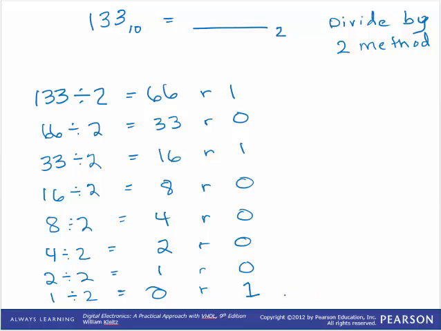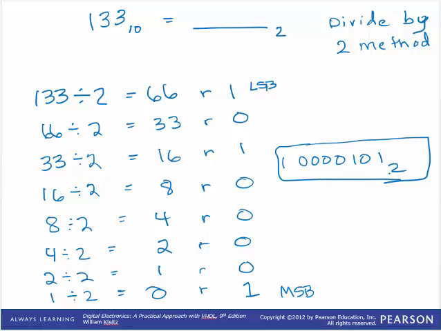So this is the most significant bit, this is the least significant bit, and if I write this number down, I get 1, 0, 0, 0, 0, 0, 1, 0, 1 in base 2.